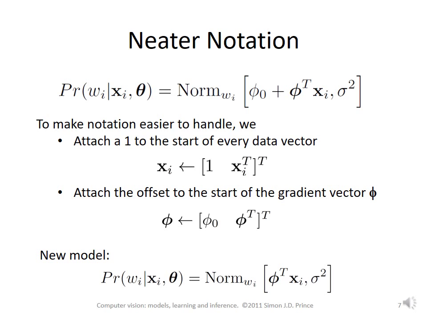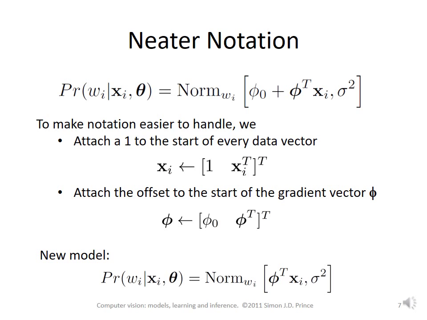Now, without changing our model at all, we're going to tidy up our notation a little bit. We're still going to have a linear relationship between x and the mean of our normal distribution, but instead of having this constant out in front and a phi vector times x, we'll make this vector a little bit bigger so that it can include the phi 0. To do that, we'll prepend a 1 in front of the rest of the x vector, and that'll be our new x vector, a slight abuse of notation.